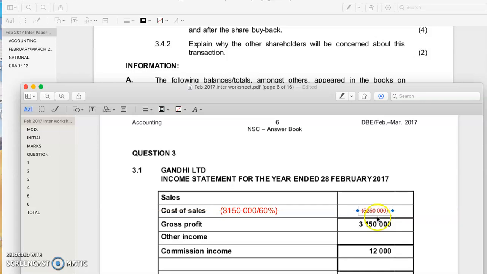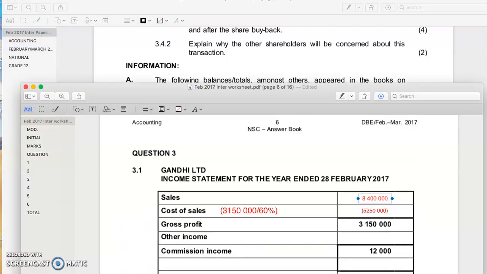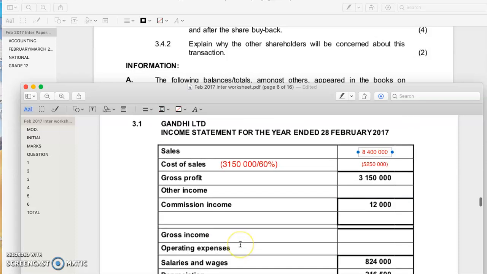If we add these, we get our sales amount. That's pretty easy. With just one piece of information, we managed to do sales and cost of sales, and I'm pretty sure this is probably worth 2 or 3 marks, so important.